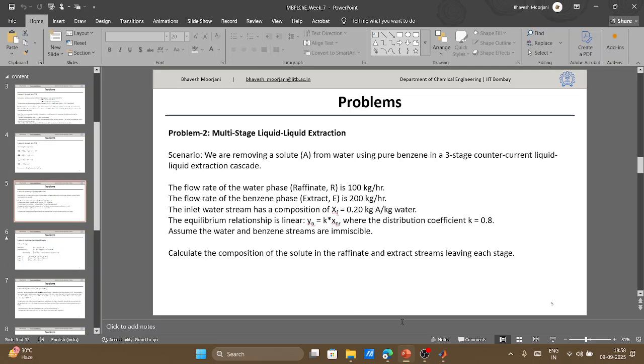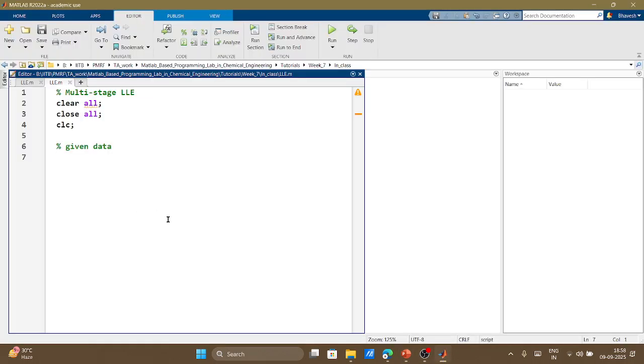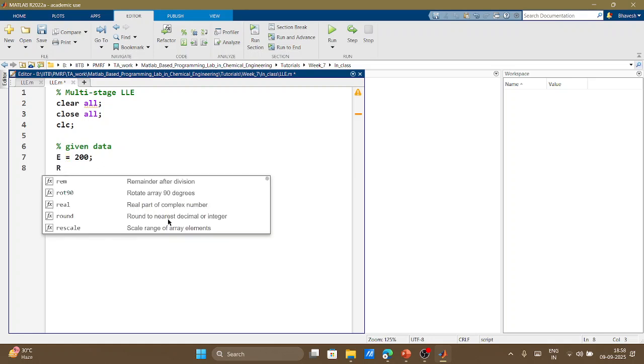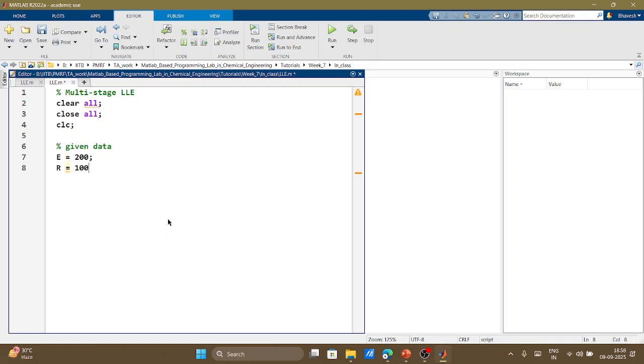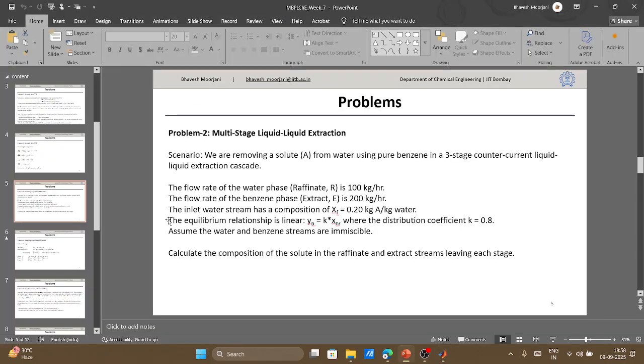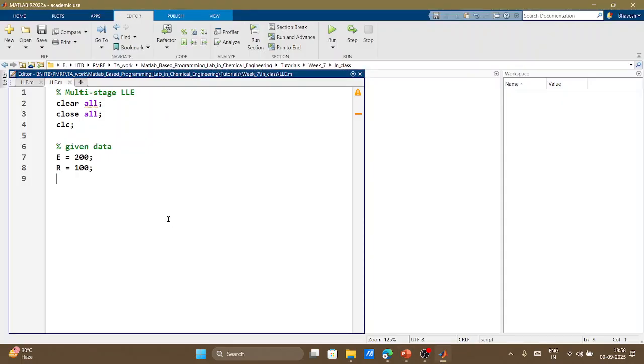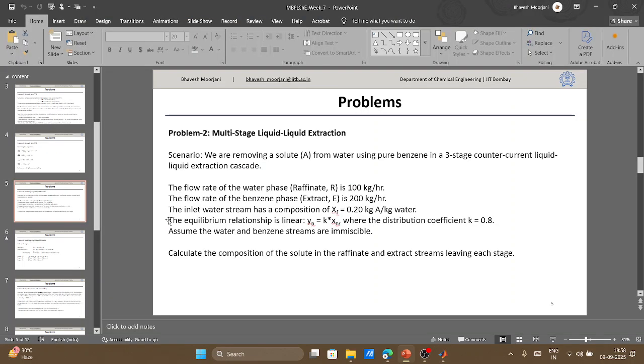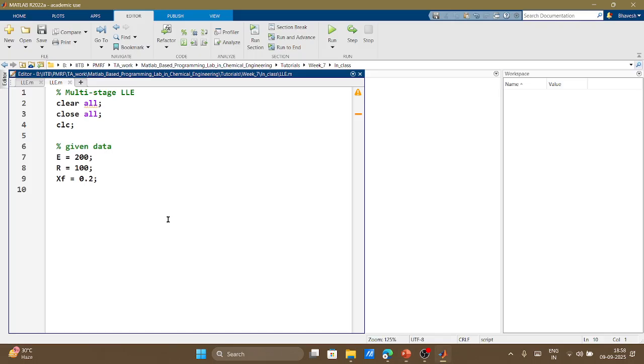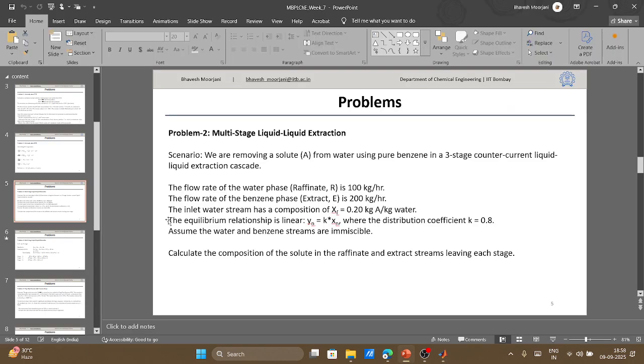Right. Yeah, no, I think it's correct. So given data, your E is 200, R is 100, XF is given as 0.2, then you have K value is 0.8, right?